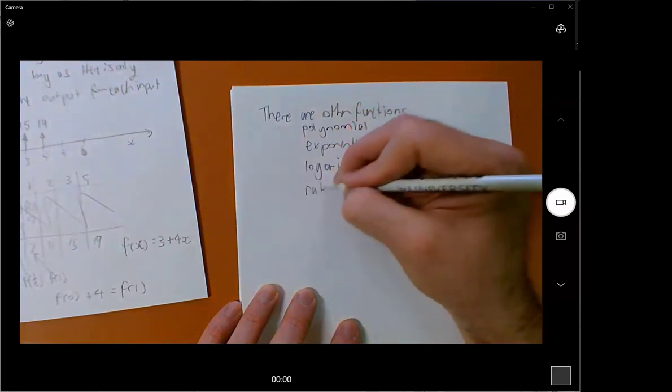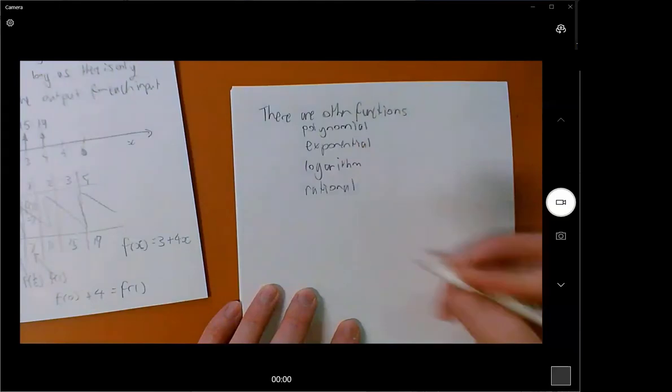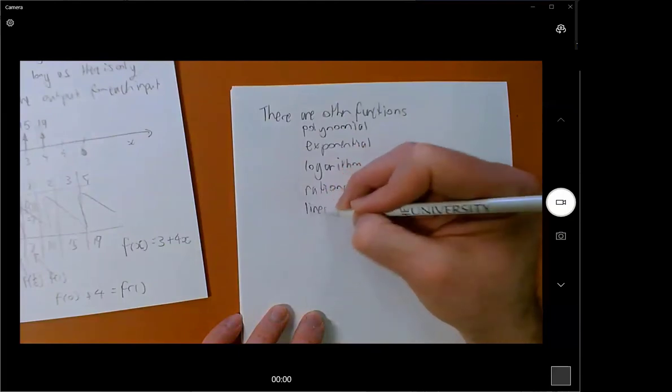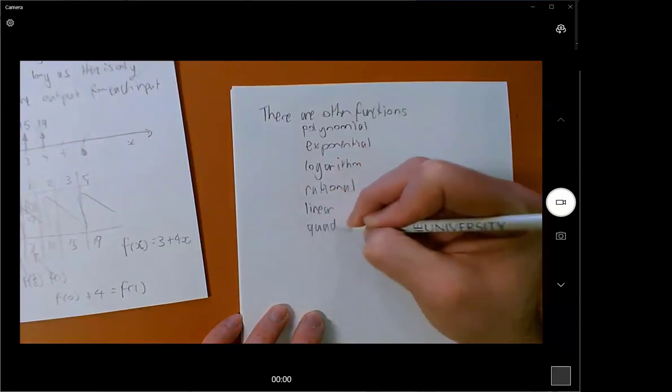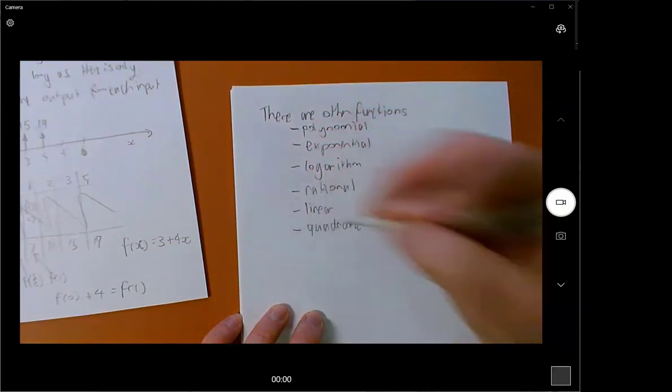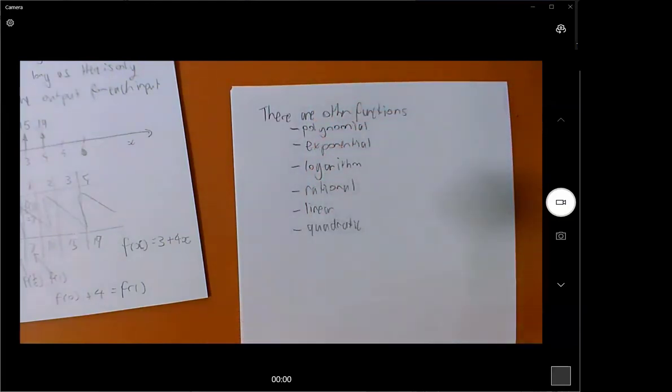You've got rational. They're all different kinds of functions on top of the linear and quadratic that you already have. And every one of them will have different ways of making decisions based on the way the formula is written about what those functions look like.